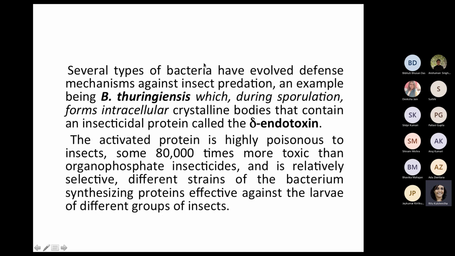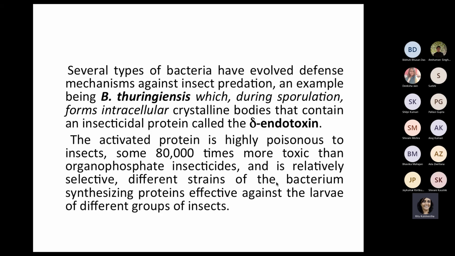These bacteria, during sporulation, form intracellular crystalline bodies that contain an insecticidal protein called delta endotoxin. Now, this delta endotoxin is highly poisonous to the insect, and it was mentioned that it is 80,000 times more toxic than the insecticides, and is comparatively selective, which is the property that we were looking for in a good insecticide. Yes, it indeed had that.